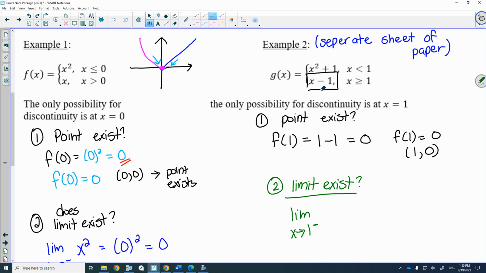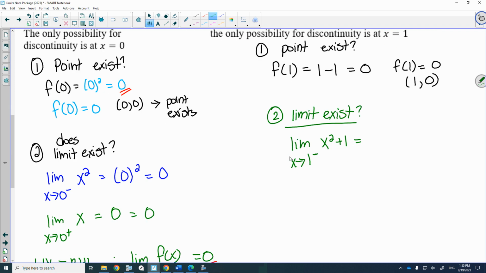Approaching it from the left, which is a number less than 1, the top. This would be my left-hand limit, and this would be my right-hand limit. So less than 1 would be x squared plus 1. So we'll plug in our 1, and we're going to get 2.